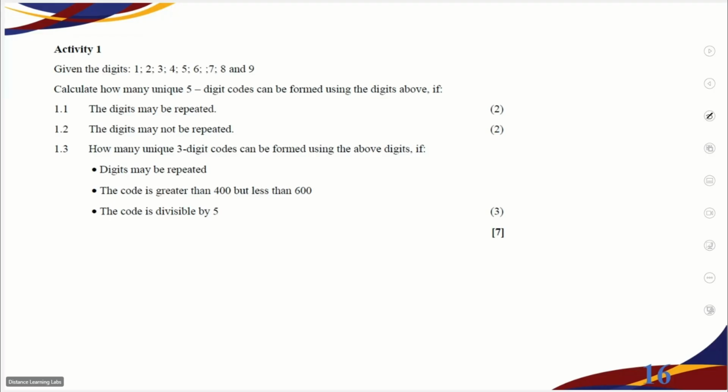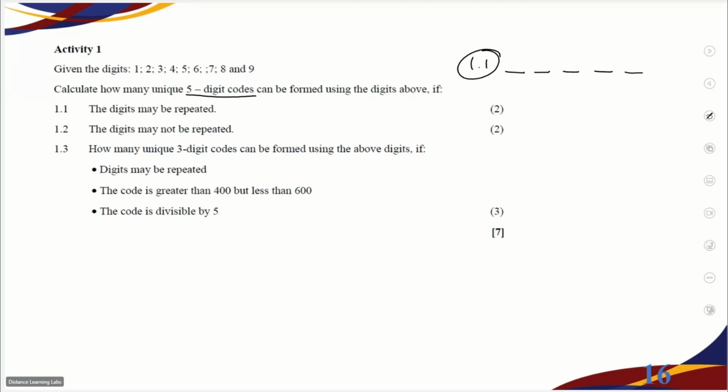Calculate how many unique 5-digit codes can be formed using the digits above if, first, digits may be repeated, meaning a digit can be used more than once. 5-digit codes means we are going to create 5 spaces. We create 5 spaces for 1.1: 1, 2, 3, 4, 5.